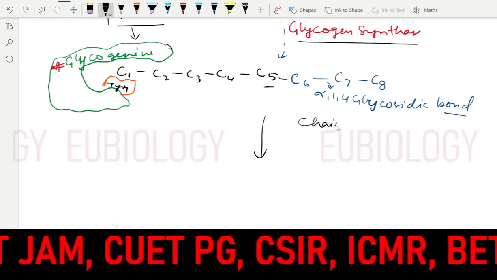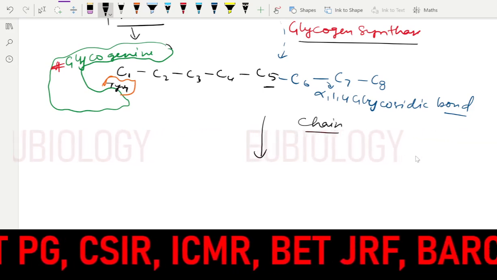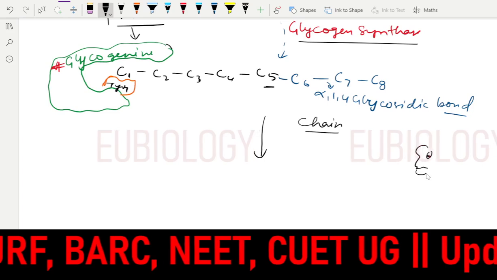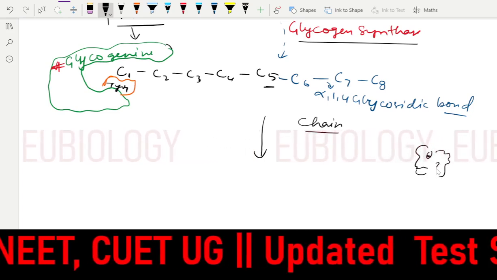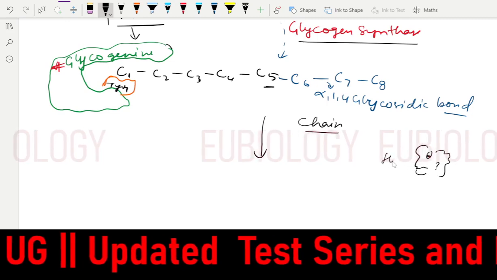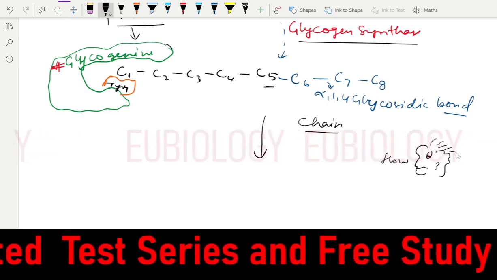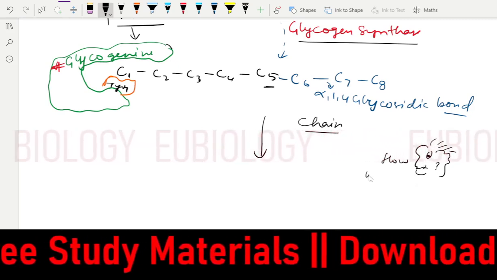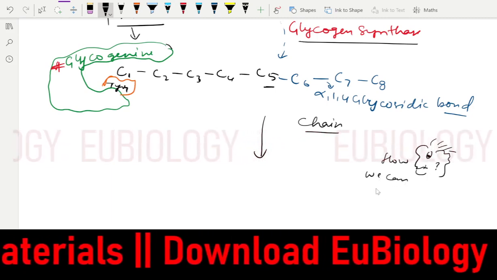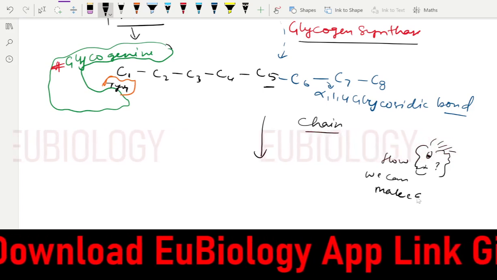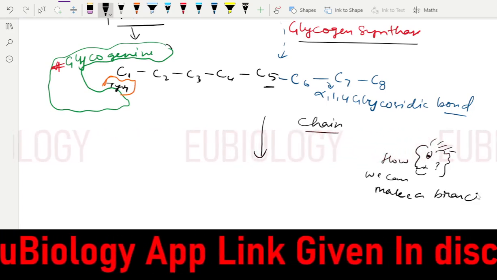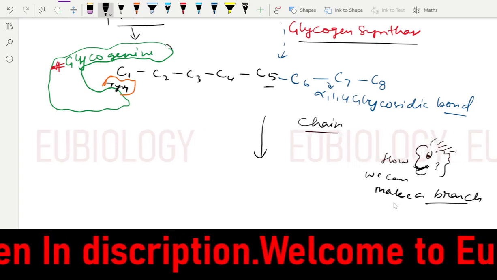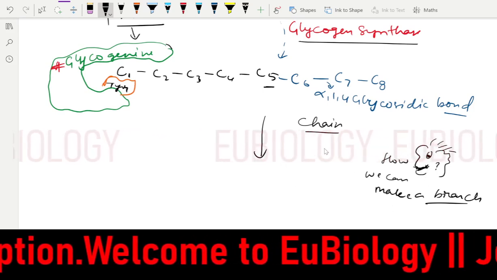A simple chain. How can we make a branch? Now the question is how we can make a branch. Can anybody answer?